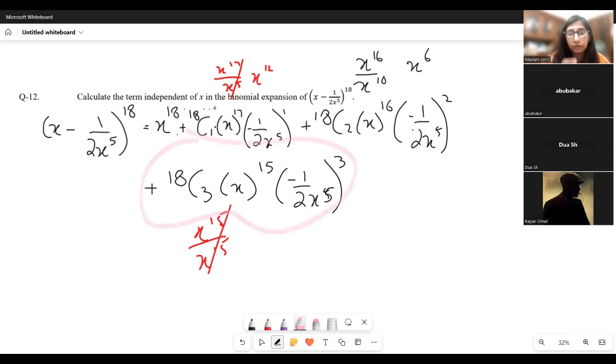So in your calculator enter 18c3 divided by 2 cube, but there's a negative sign as well. So the answer is going to be a negative value. So I'm getting minus 102. Minus 102 is the constant term, which is the correct answer.